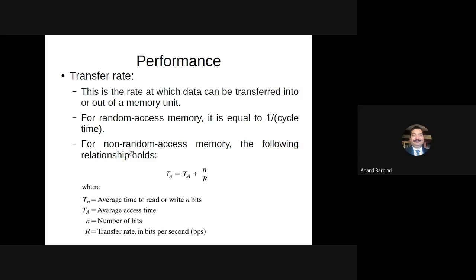Whereas for non-random access memory, the following relationship holds: Tn is equal to Ta plus n divided by r, where Tn is the average time to read or write n bits, Ta is the average access time, n is the number of bits to be read or written, and r is the transfer rate in bits per second. So this is how you can calculate the transfer rate.